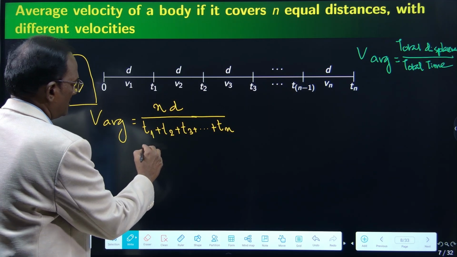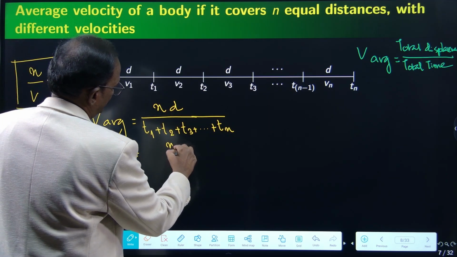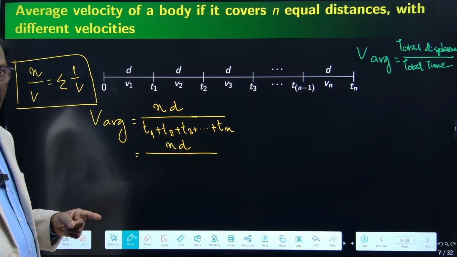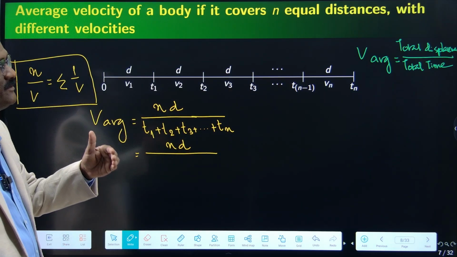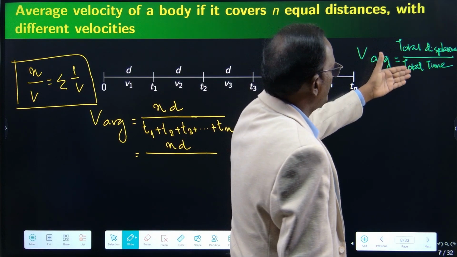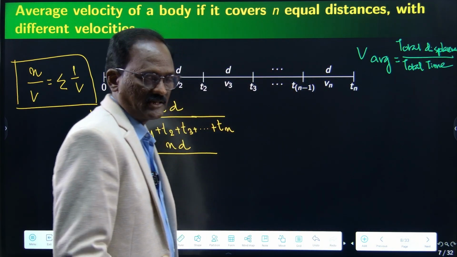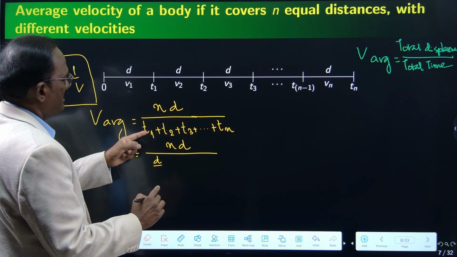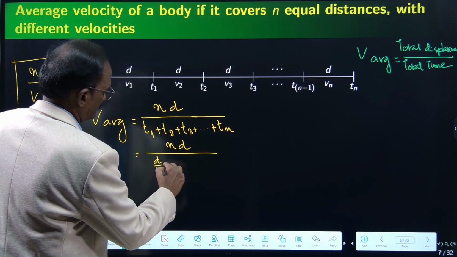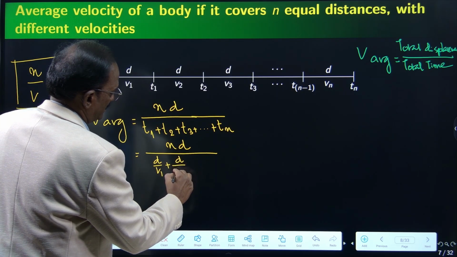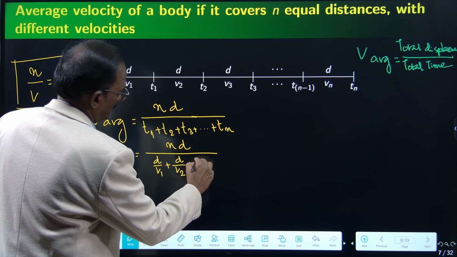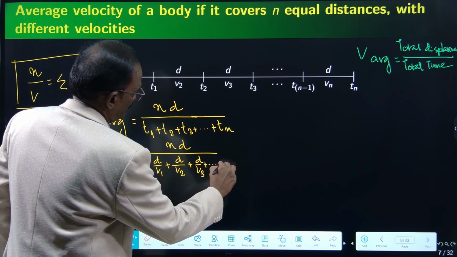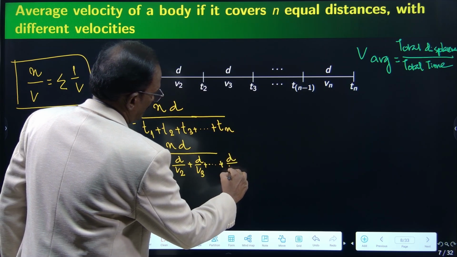So total distance is nd, and time we can write as distance divided by velocity. So d divided by v1 is t1, the time. Similarly, d divided by v2 plus d divided by v3, and so on, plus d divided by vn.